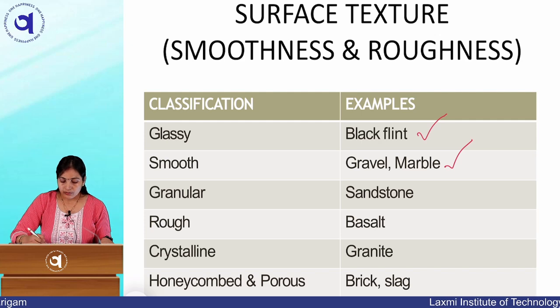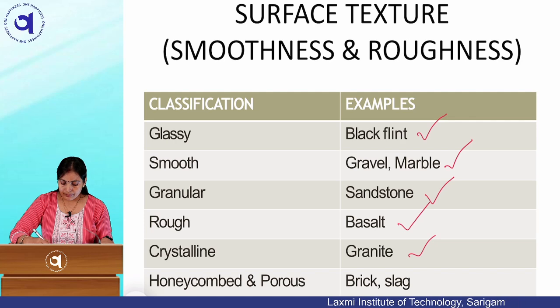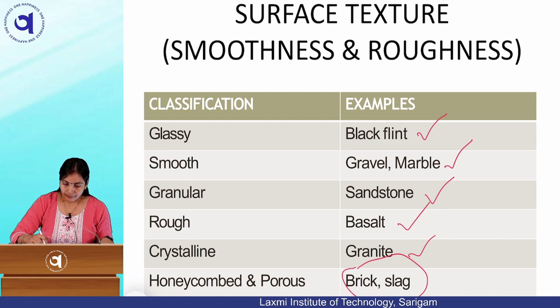Granular aggregate like sandstone is granular and rough, basalt and granite have crystalline texture, and brick and slag are honeycombed or porous. Porous means it can absorb water easily.